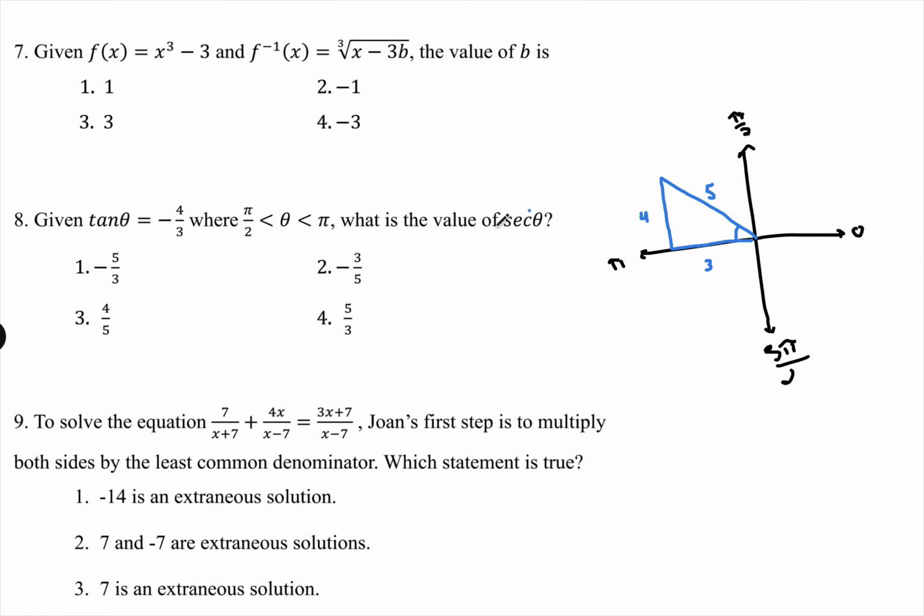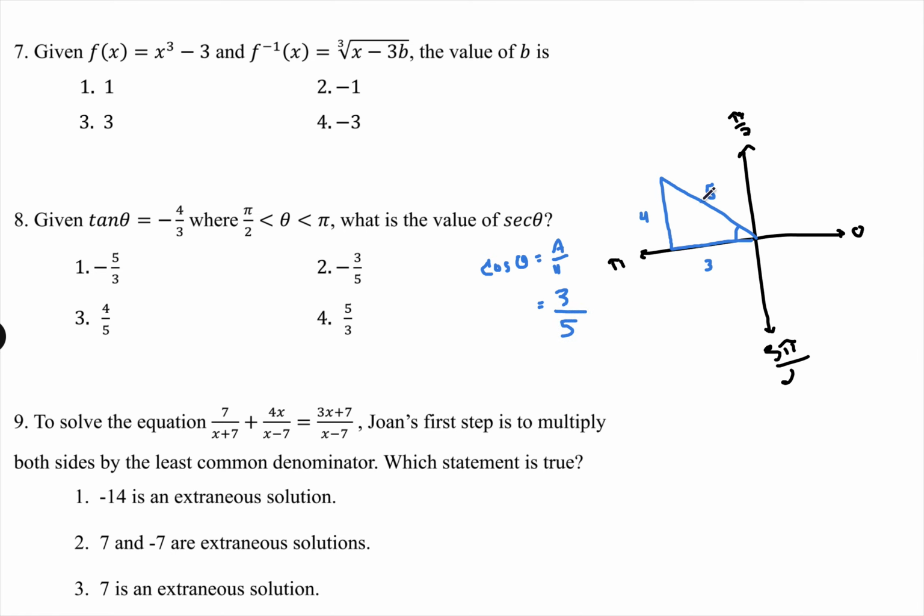Now I know secant is the reciprocal of cosine, so let me find cosine first. Cosine of my angle is always adjacent over hypotenuse, so my adjacent side is 3 and my hypotenuse is 5.